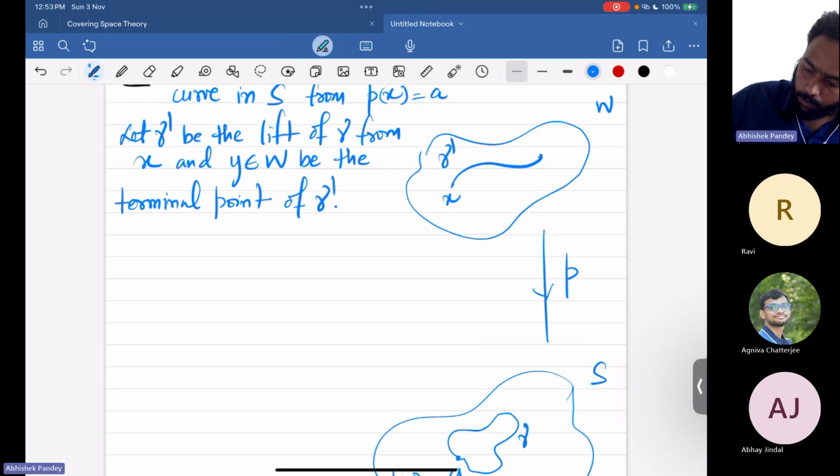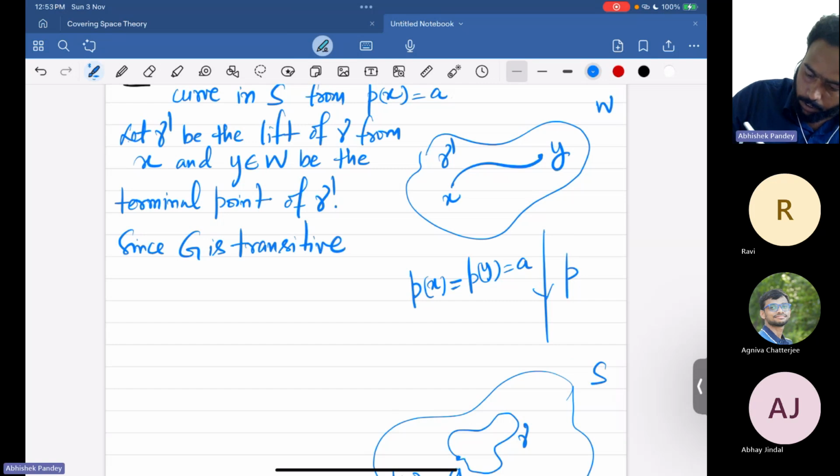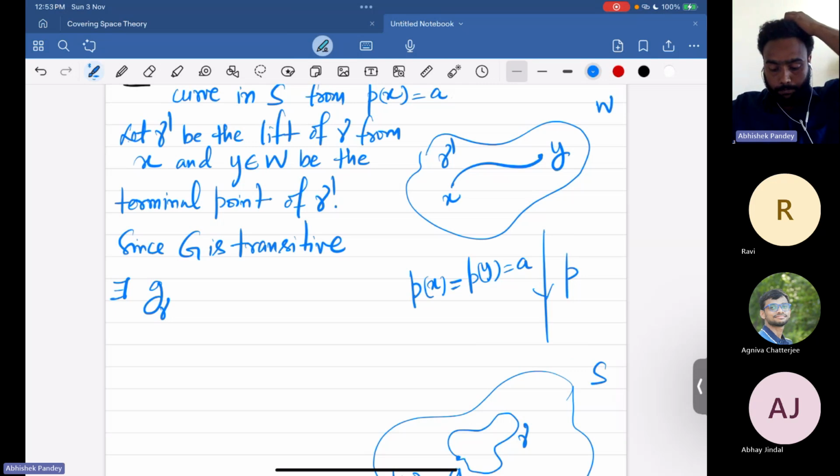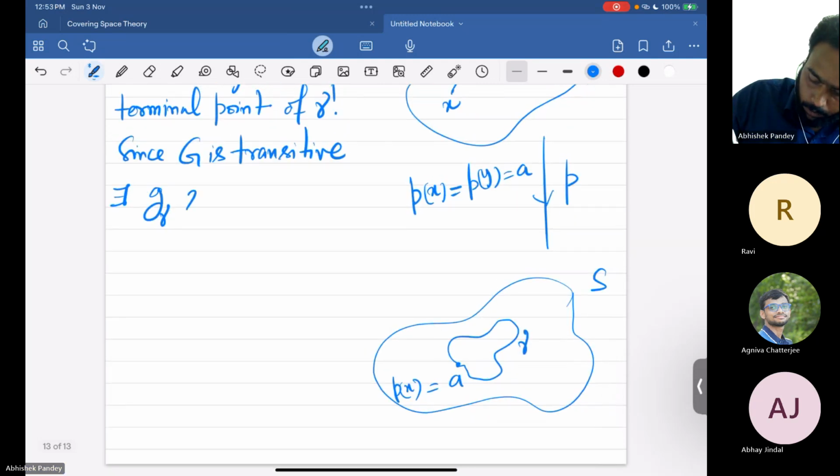Okay, so this is your y. So observe that P of x is nothing but P of y, which is a. Since G is transitive, there exists g gamma. So this has to be unique. That will follow from an argument such that g gamma of x equals y.